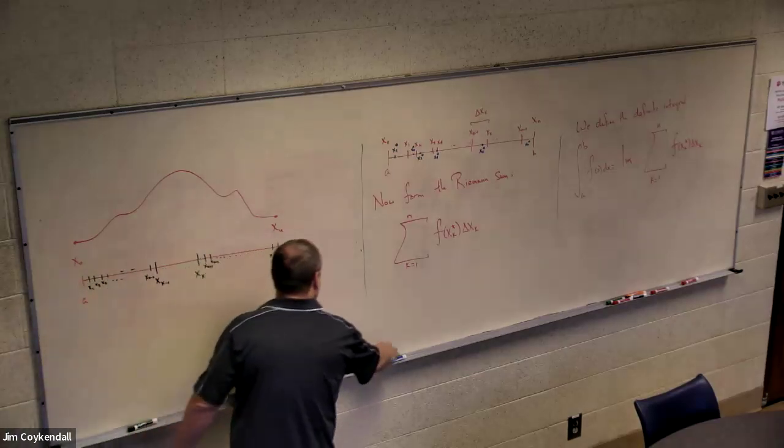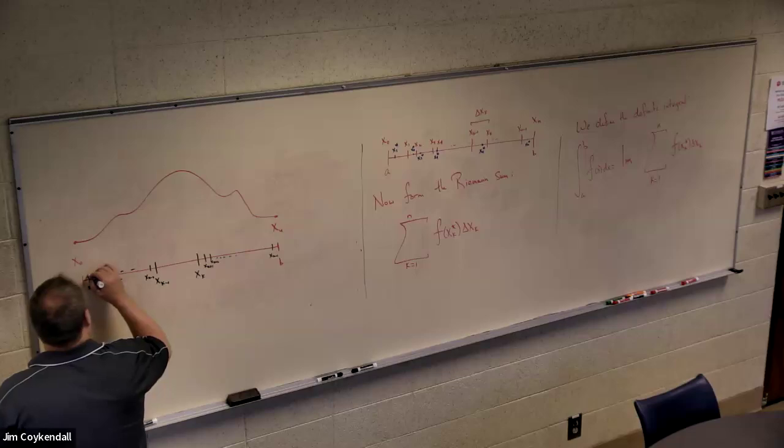Suppose I use my right endpoint, so 50 little boxes.